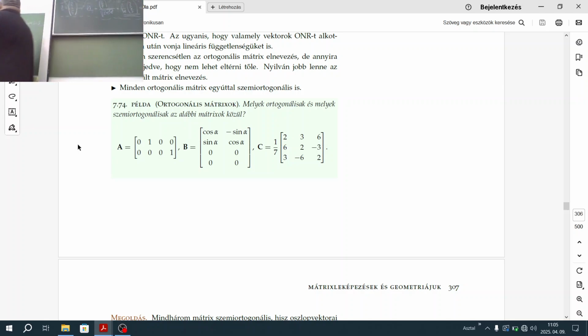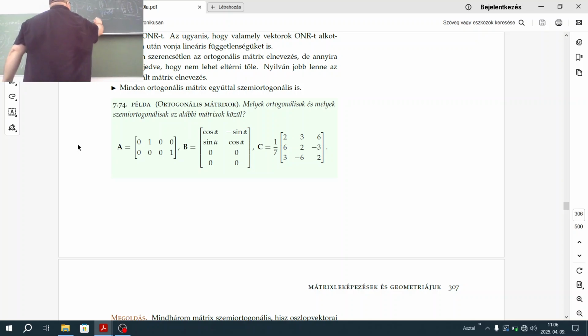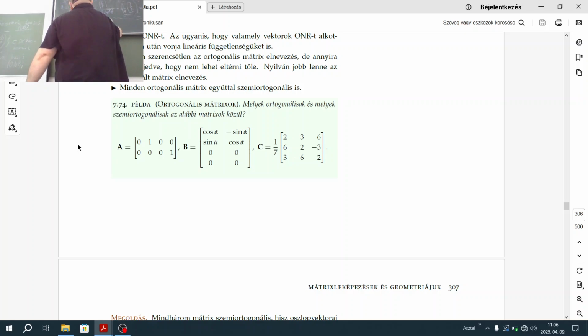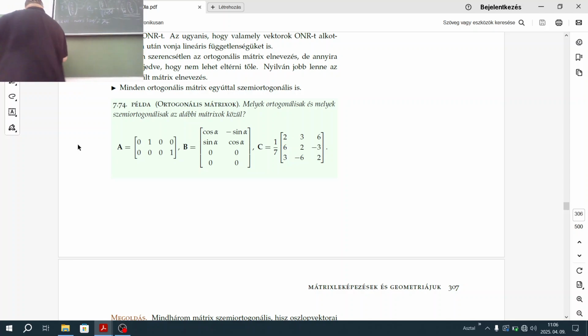You can see the first matrix, that's 1, 1, 0. So the first matrix, that's 1, 1, 0.